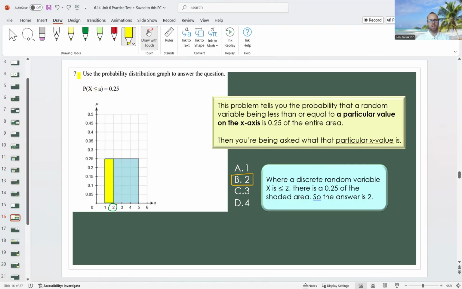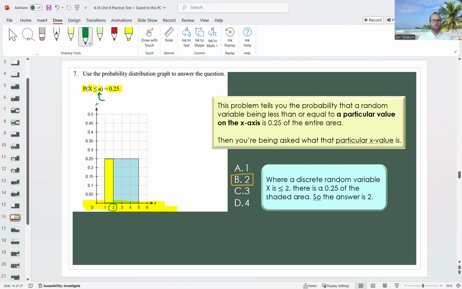This statement is saying the probability that a random variable being less than or equal to a particular value on the x-axis is 0.25. Okay, so A represents the value on the x-axis we're looking for.